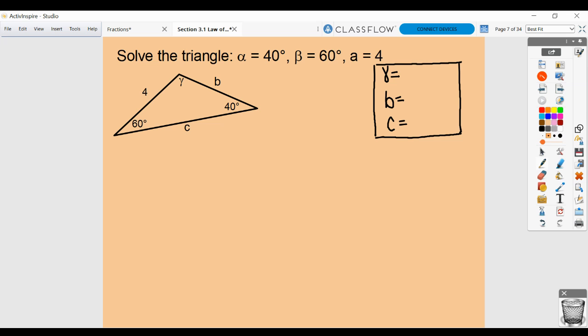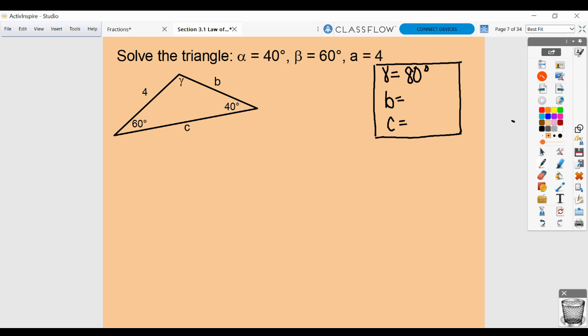Okay? Now, there's always going to be one angle or one side that's going to be easier to find than the others. So if you take a look at this one, you have two of the angles, so you can find this third angle. All of the angles add up to 180, so 180 minus 60 minus 40 would be 80.